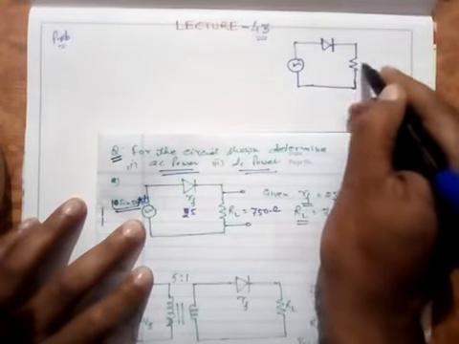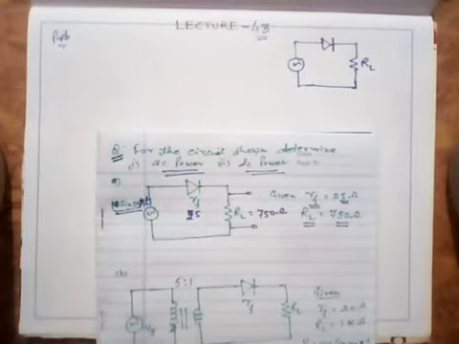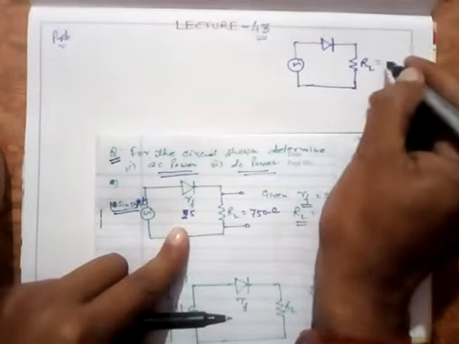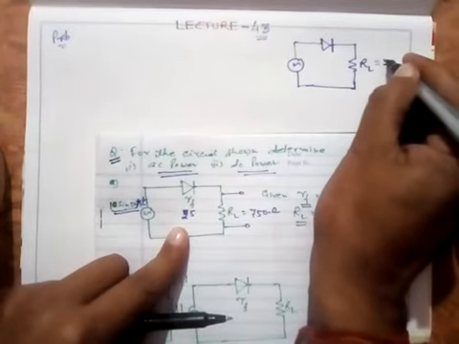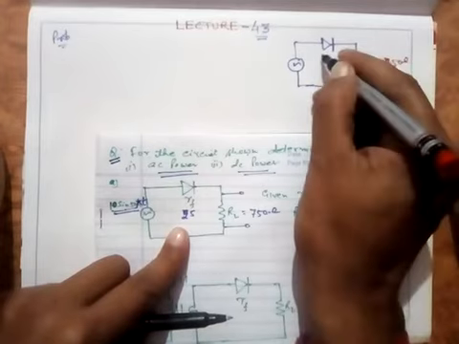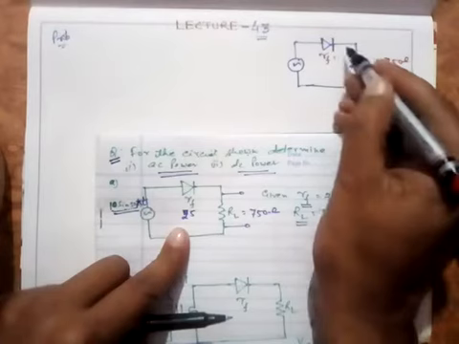Now it is given to you that this RL, value of this load resistance, is 750 ohm, and the forward resistance of this, which I name as RF, is given to you as 25 ohm.